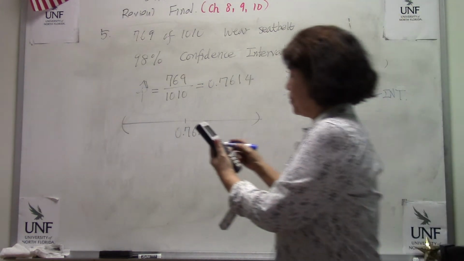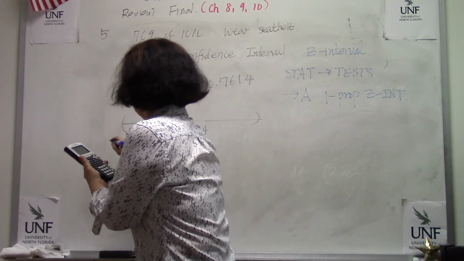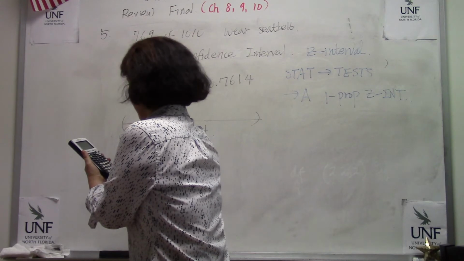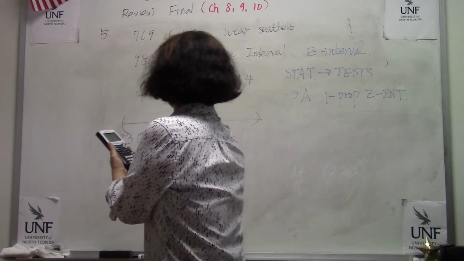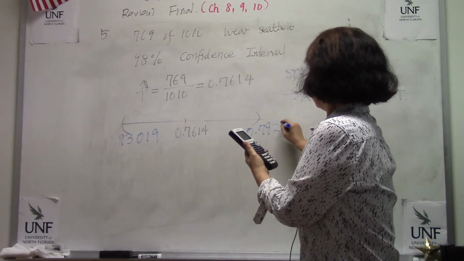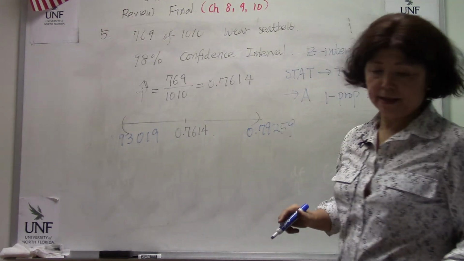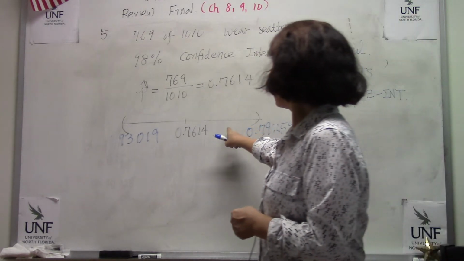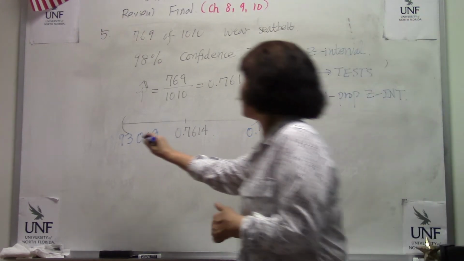So that gives you 0.7310019, 0.79259. Yes. Okay, so this is a confidence interval.